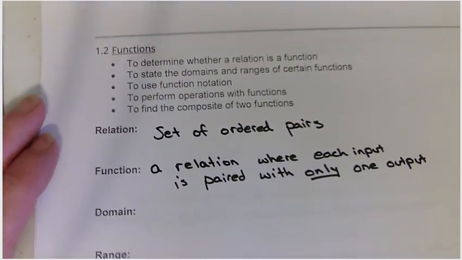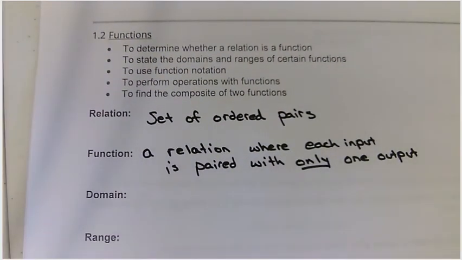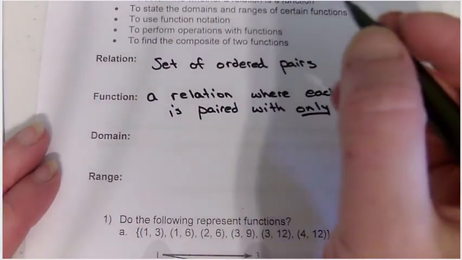So like my example of height and weight. Does everybody who is the same height, 5'6", do they all weigh the same amount? No. So that relation is not a function. Now, what is the domain of a function?